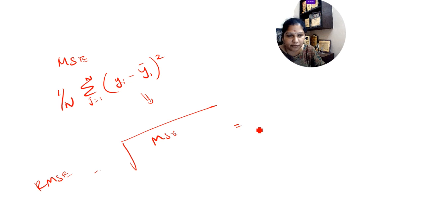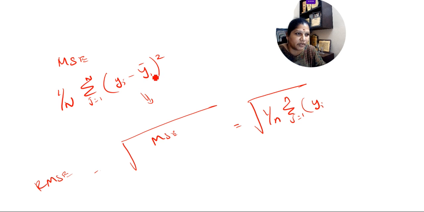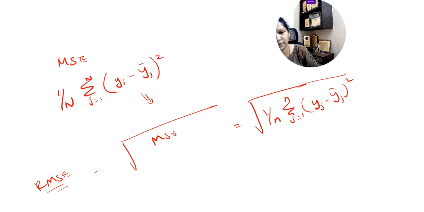So you can specify it as the square root of 1 by n summation of j equals 1 to n of yj minus the predicted yj, the whole square. So this is root mean square error. Dear friends, I want to give you a detailed explanation of it.